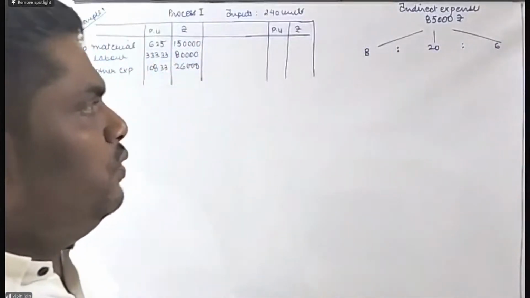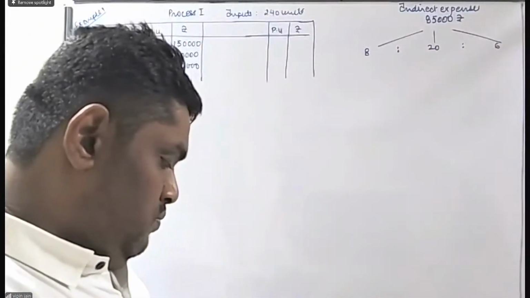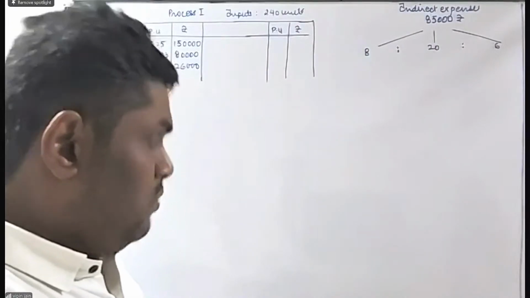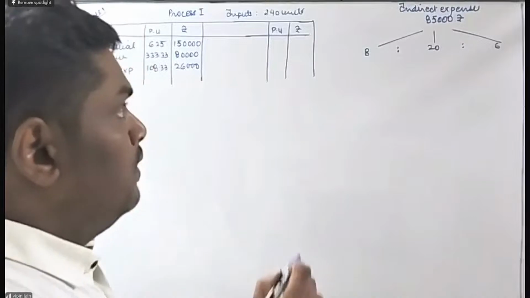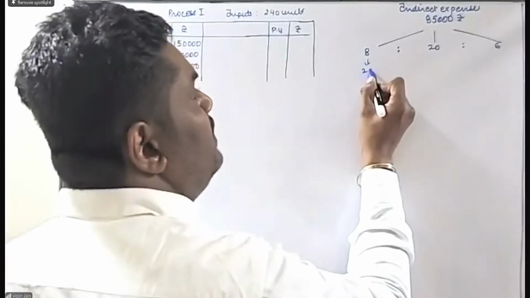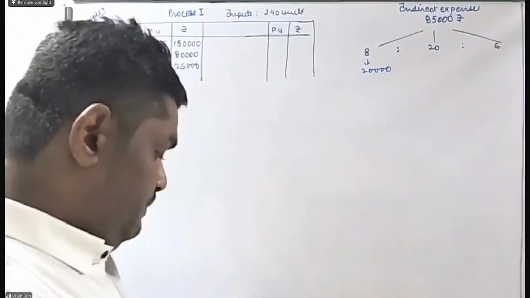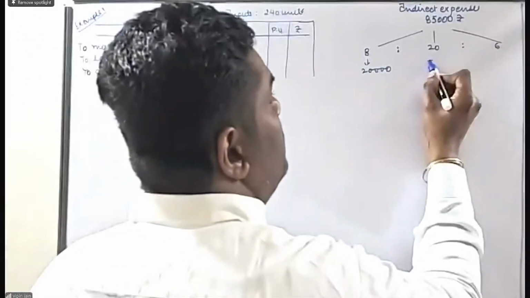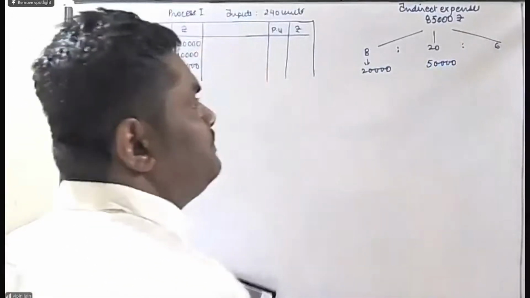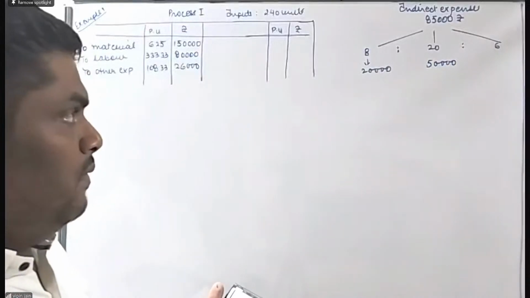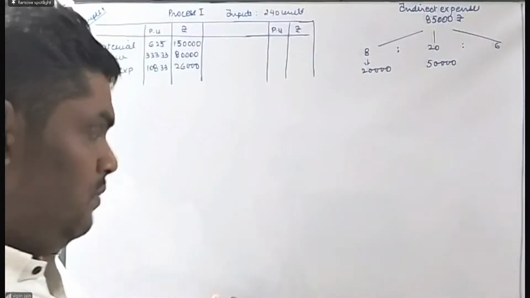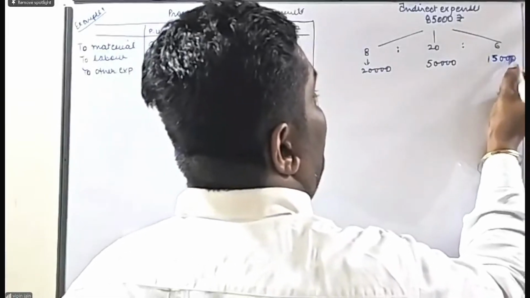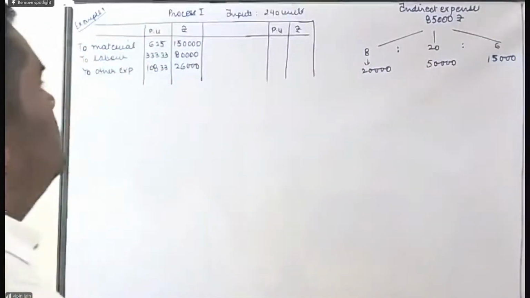So this will be 20,000, this will be 50,000, and this will be 15,000 for process first, second, and third.